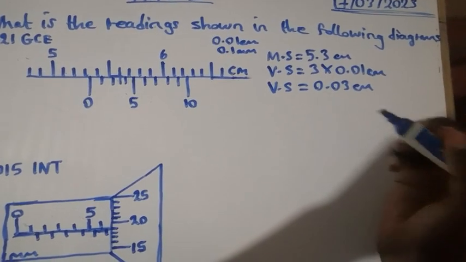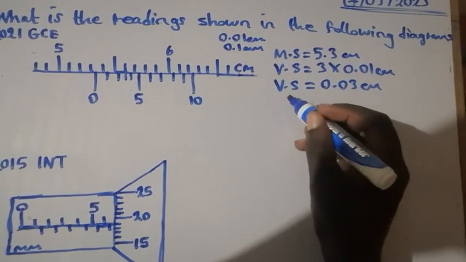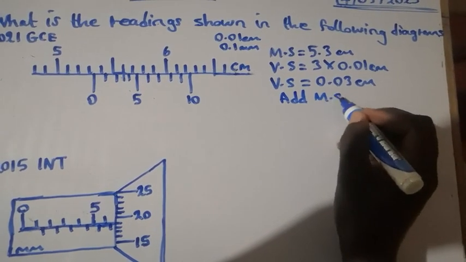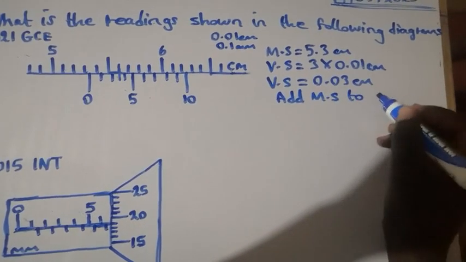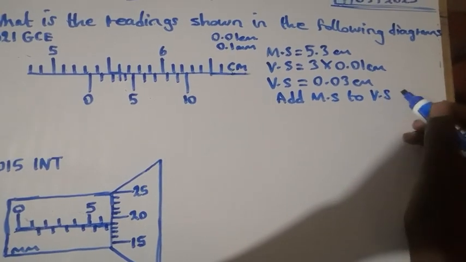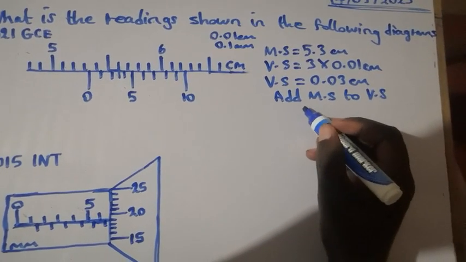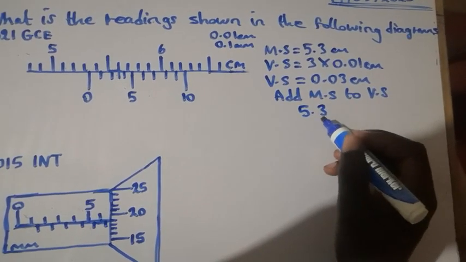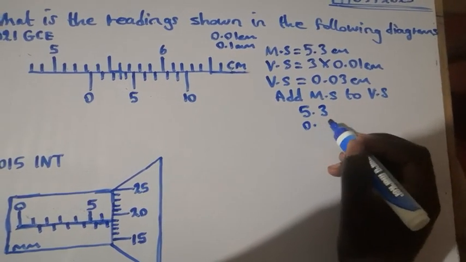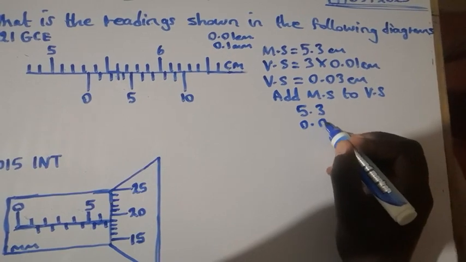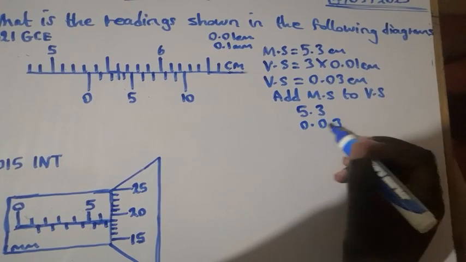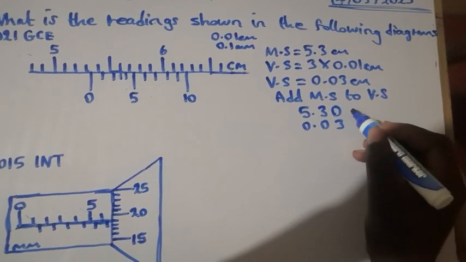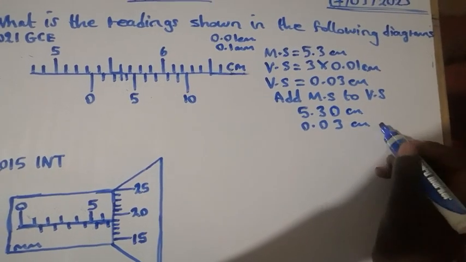Upon having the two readings, we have to add the main scale to the vernier scale. So we have 5.3 plus 0.03. Now to balance the significance, we are going to add 0 here, centimeters.